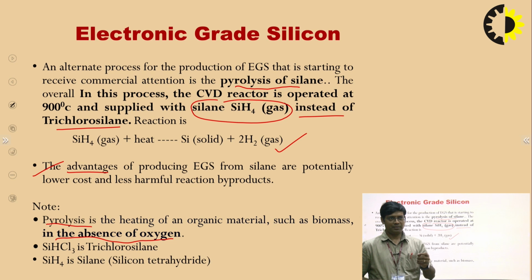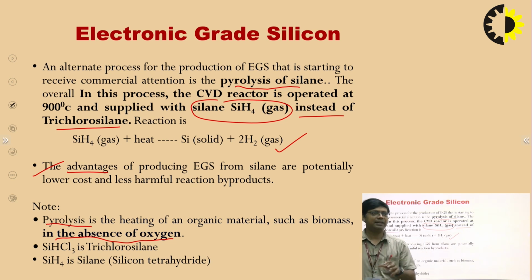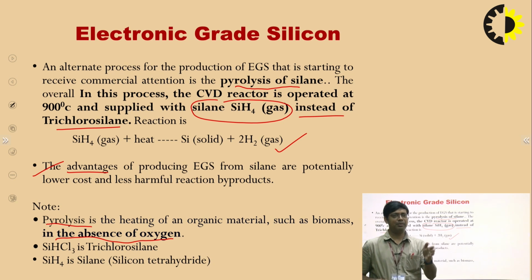Then to get the EGS from MGS, another process may be that instead of trichlorosilane we may use silane gas, SiH4, and the advantage of silane is that it has potentially lower cost and less harmful reaction byproducts.